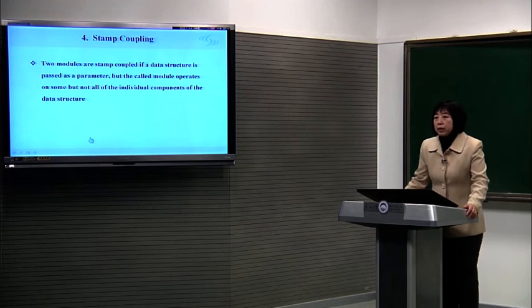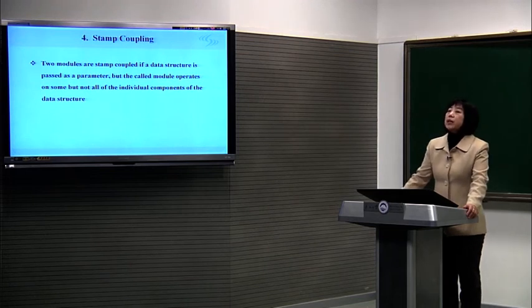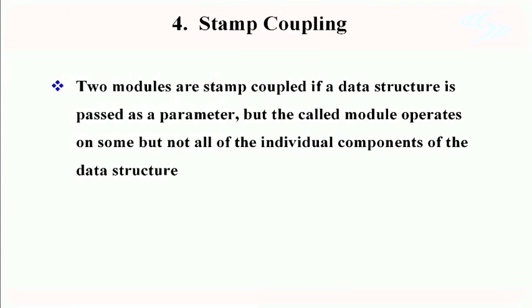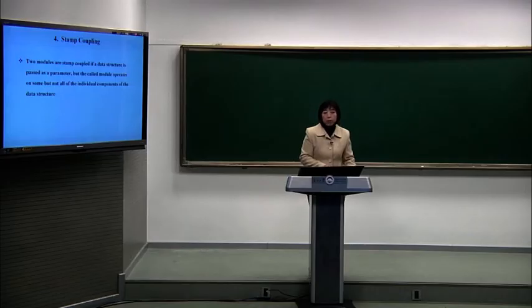Two modules are stamp coupled if a data structure is passed as a parameter, but the called module operates on some, not all, of the individual components of the data structure. So, in one word, more than enough data is passed as a parameter.